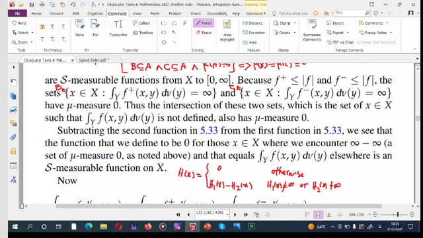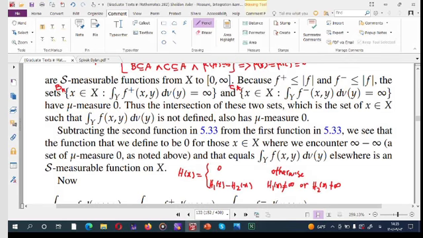In these cases we define 0, and we see that the set of all x such that both are infinity has mu measure 0.